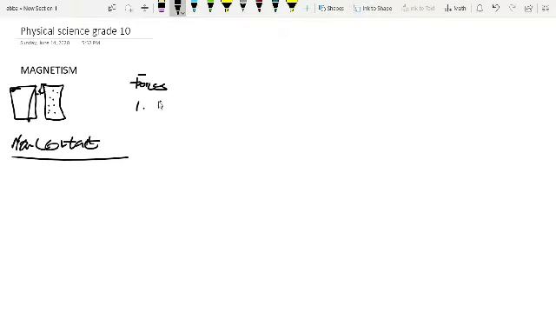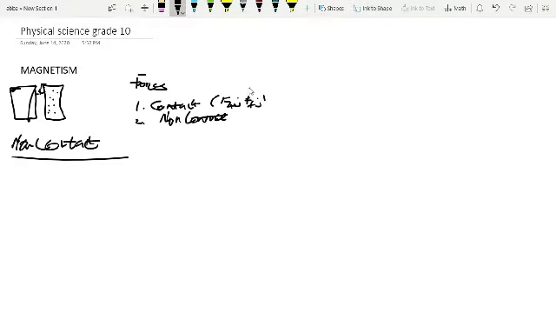Number one, we know that we have the contact force. Number two, we have the non-contact force. When we're speaking of contact forces, we speak of the applied force, and friction.